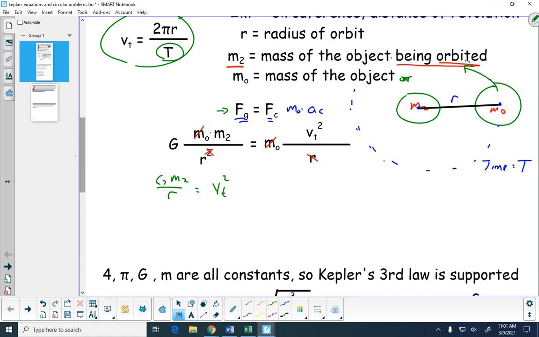Now, if we take a look at this tangential velocity, it is equal to 2 pi r divided by T. So this G m2 divided by r has to equal (2 pi r divided by T) squared. Once again, we're just substituting in our tangential velocity.